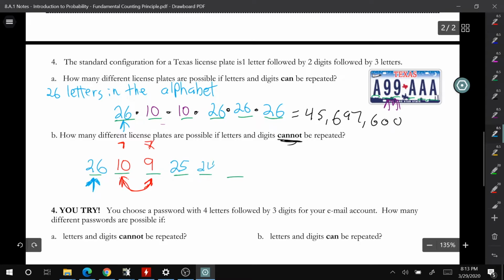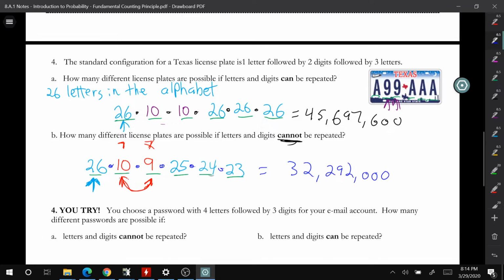And then I have 24, and then 23. So when I multiply all of that together, it's still a big number, but not as big. It is 32,292,000. So by having no repeats, we lose about 13 million options.